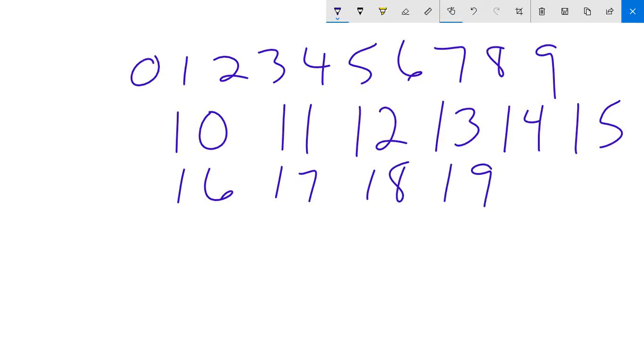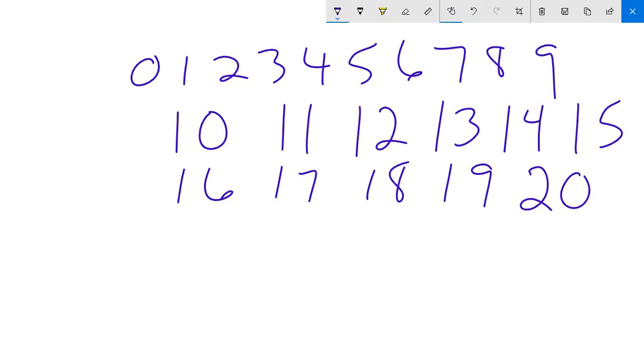When we get to 19, we've run out again. So now we're going to have 2 tens, 0 ones. Okay, so we know how to count in a base 10 system.